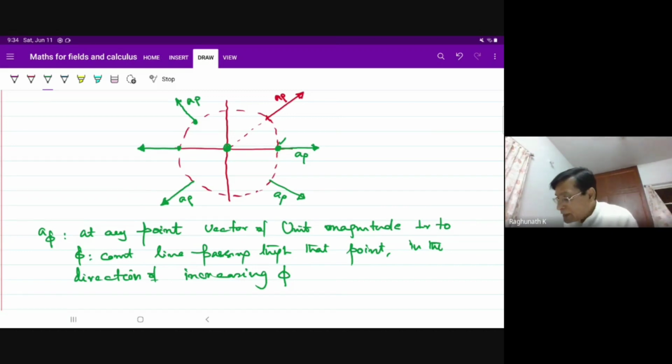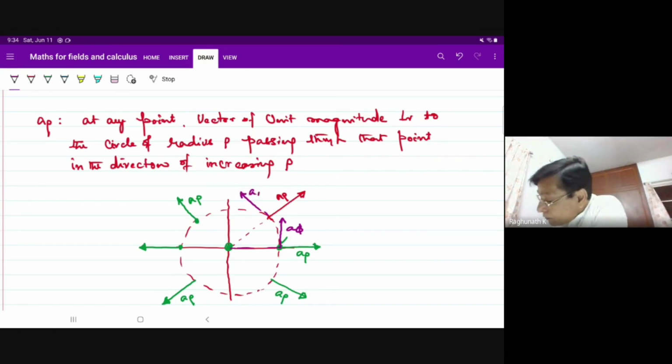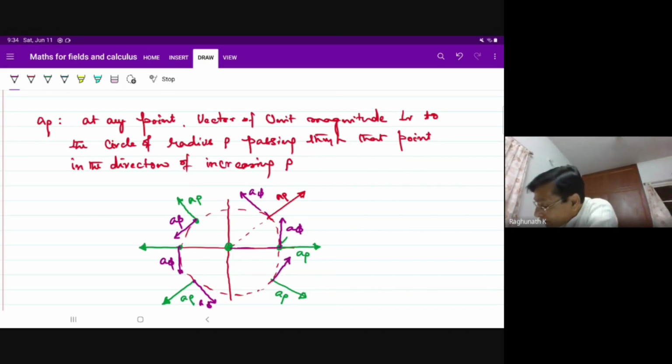What is a phi? If this is the point, this is a phi, because phi increases in the anti-clockwise direction. If this is the point, this is a phi. Again, a rho is the radial component, right?